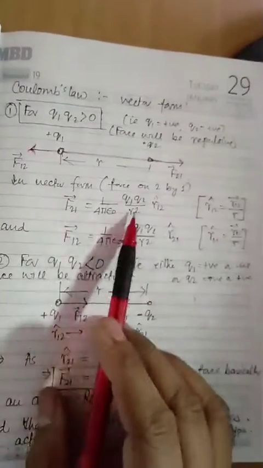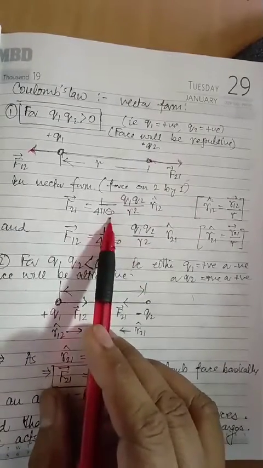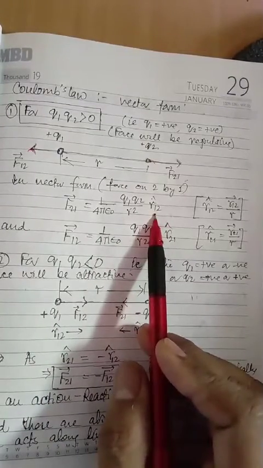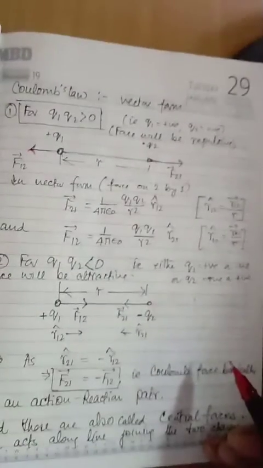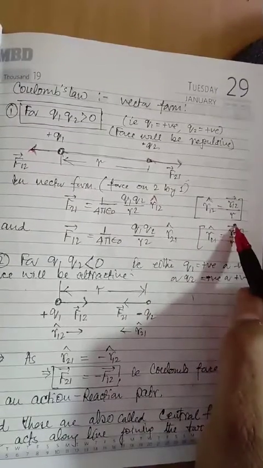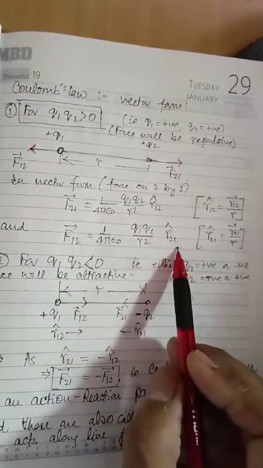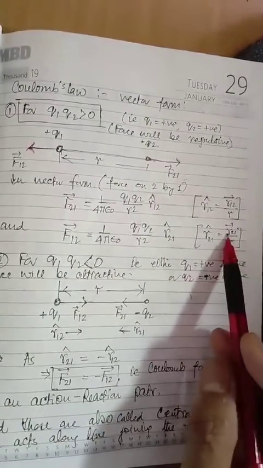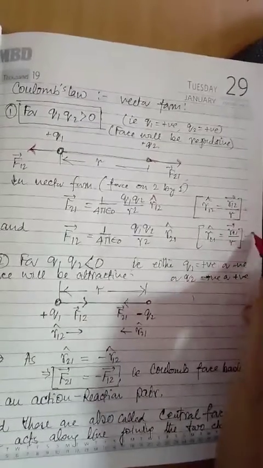So in vector form we can write that the force on 2 by 1, F21, is equal to 1 upon 4 pi epsilon naught Q1 Q2 upon r square, r cap 12, where r cap 12 is a unit vector from 1 to 2, and the value of the unit vector is the vector upon r. And F12 is equal to 1 upon 4 pi epsilon naught Q1 Q2 upon r square, r cap 21, which is a unit vector from 2 to 1, and r cap 21 is equal to vector r21 upon r. This is the value of the unit vector.